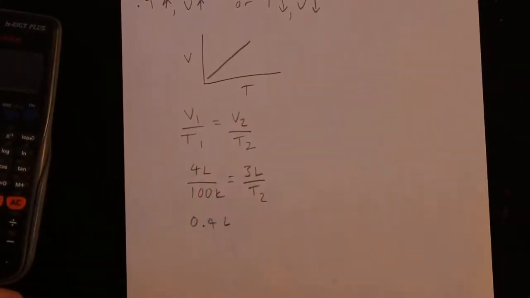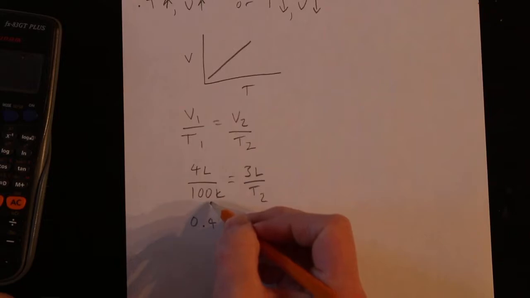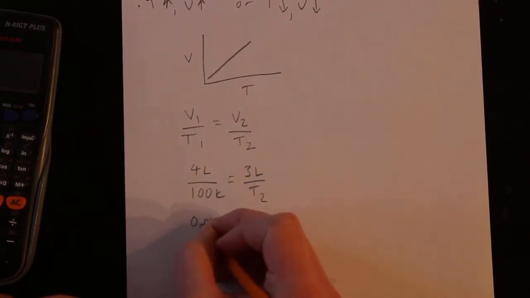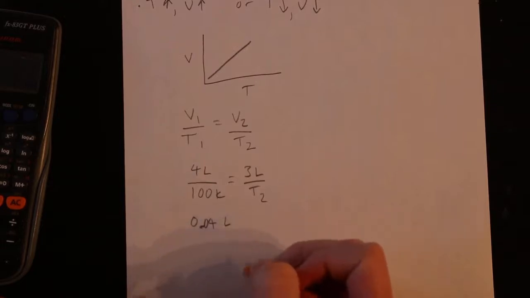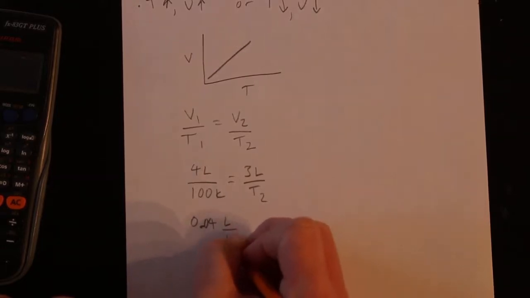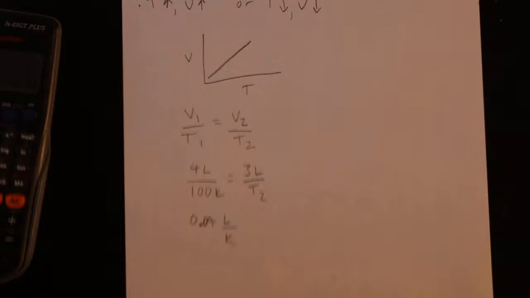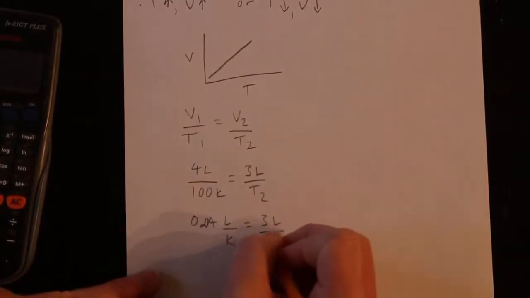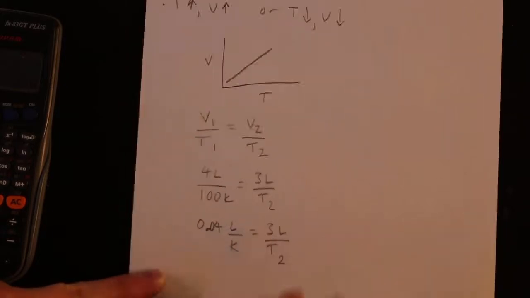And we'll keep our units as well. So 4 divided by 100, that number is 0.04. My bad. So it's 0.04 liters over Kelvin, because none of the units have cancelled yet, equals 3 liters over T2.